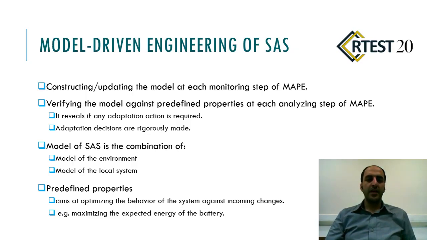The model of the self-adaptive system is the combination of the local system and environment. Here, properties aim at optimizing the behavior of the system against the changes. For example, in each round of MAPE, we verify the system to find the actions that maximize the number of sensors working in high power mode.